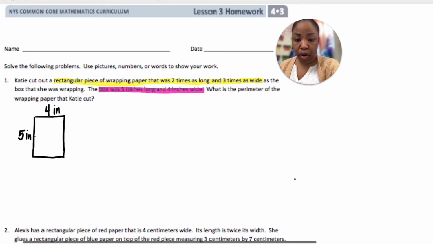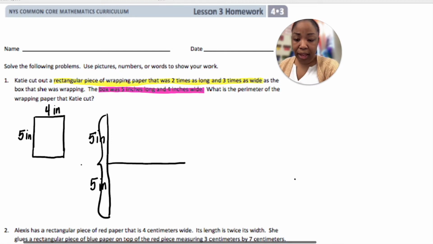So for the length, I'm going to do this 5 2 times. And so here's 1 5, this is one of the 5s, and then this is the second 5. I can even label this 5 and 5. We're doing the 5 2 times, making a length of 10 inches.